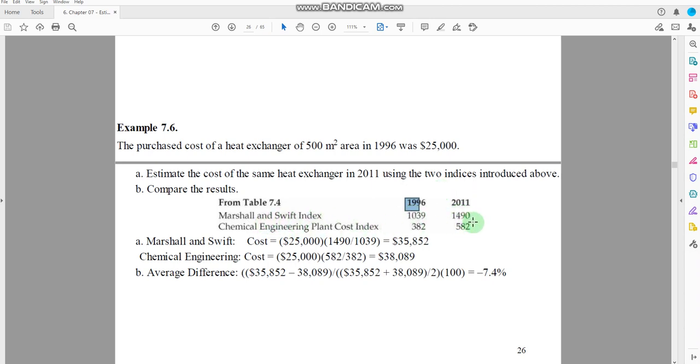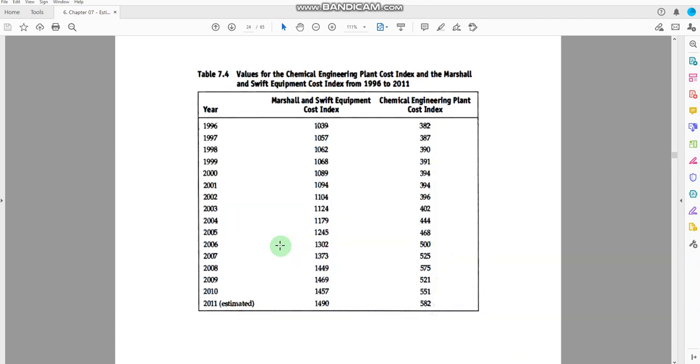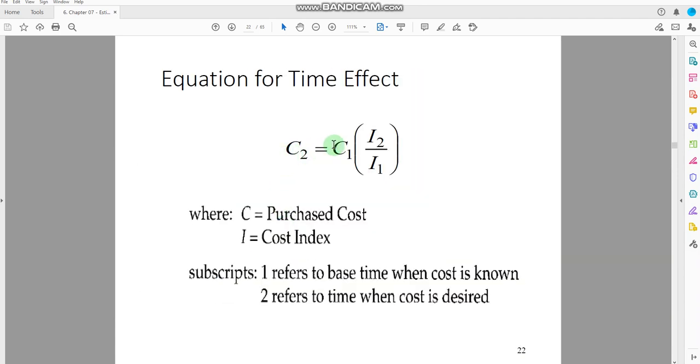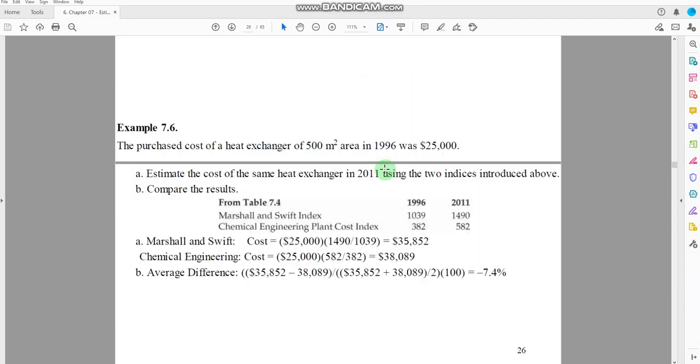Now we have this information, and we will use it to get the cost of the heat exchanger in 2011. So according to the Marshall and Swift cost indexes, you can simply see this equation here: the old cost multiplied by the new cost index and divided by the old cost index. Okay, so we are using the same equation here.